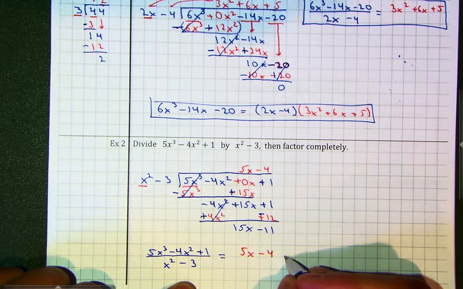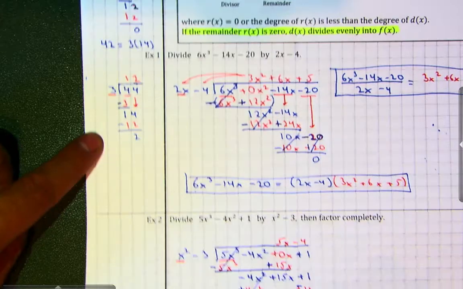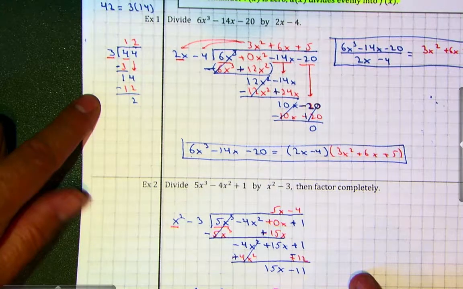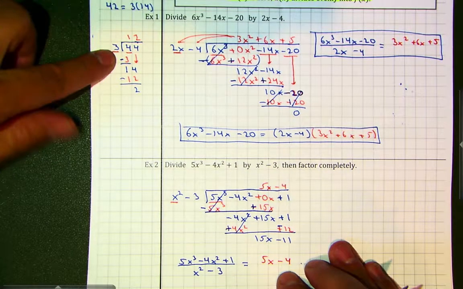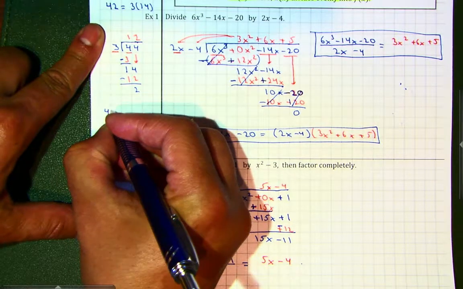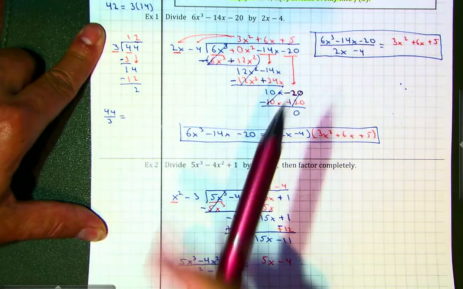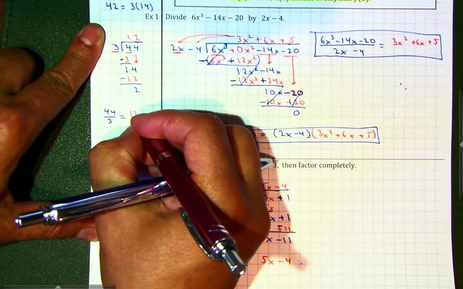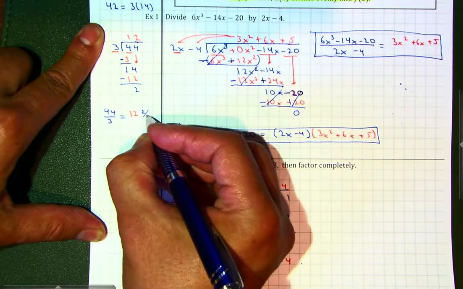Now, the same way that we usually, when we write this answer here, so just think about it in this process, right? Let me zoom out. Once we finish here, what do we say? We said that 44 divided by 3 is equal to 12 and 2/3. Do you agree?